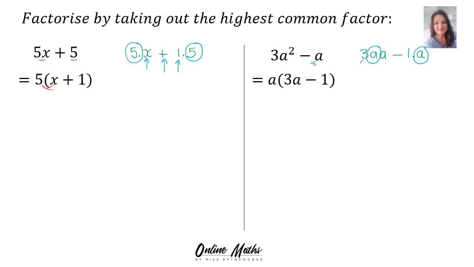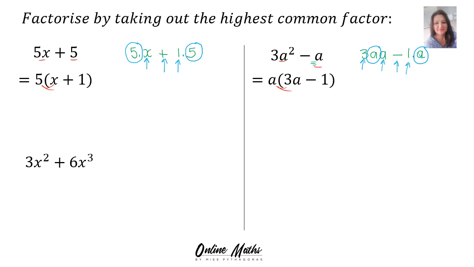Can you see? The 3 is left, the a is left, so it's 3a minus, and when you took out the a, there is a 1 left. So that when you do the check part in your head, you can say a times 3a is 3a squared, and a times negative 1 is indeed negative a. Let's do another one.